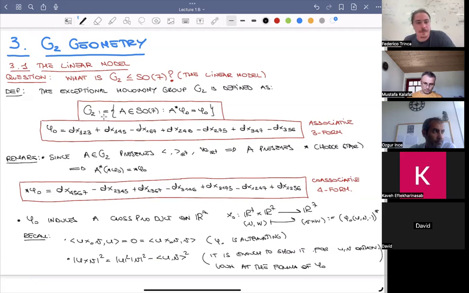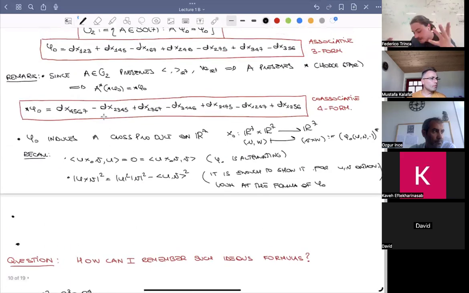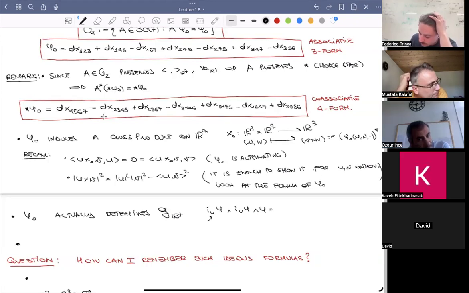Another fact about G2 geometry and this 3-form is that phi naught actually determines the Riemannian metric g on R7, and this is given by the formula: (u contracted with phi) wedge (v contracted with phi) wedge phi. These are two 2-forms and a 3-form, so 2 plus 2 plus 3 is 7.